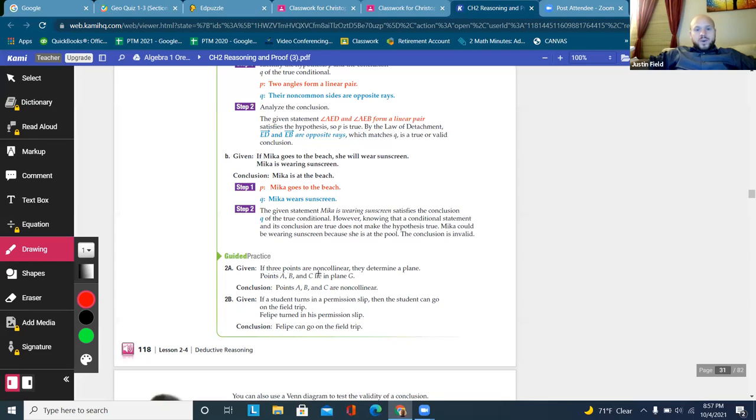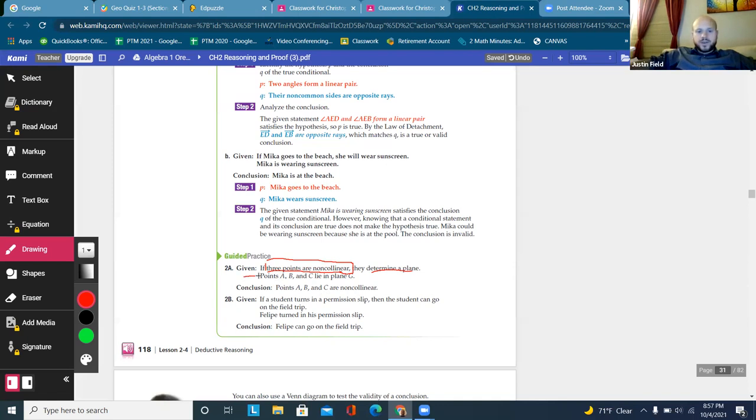Okay, if 3 points are non-collinear, that is the hypothesis, then they determine a plane. So if we were told that we had 3 points that are non-collinear, then we could say they determine a plane.